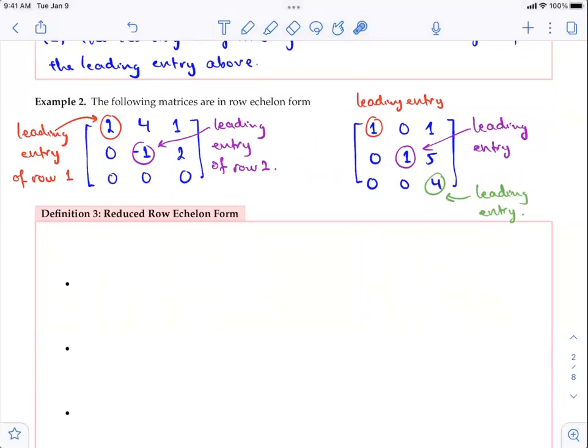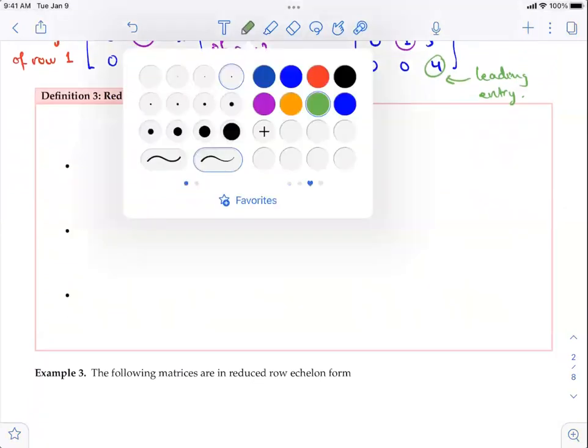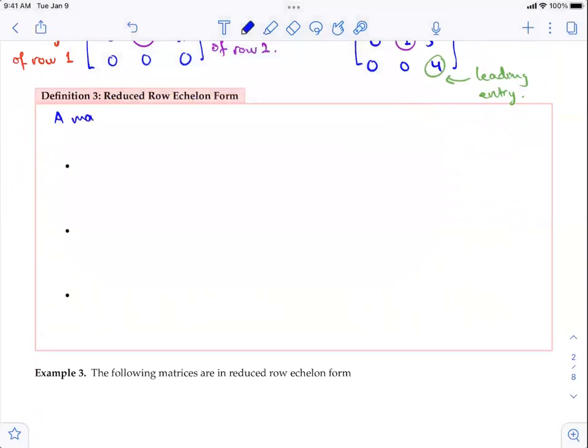A matrix is in reduced row echelon form if it satisfies the following properties.